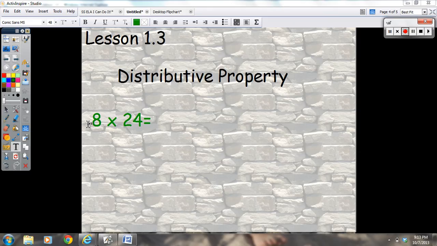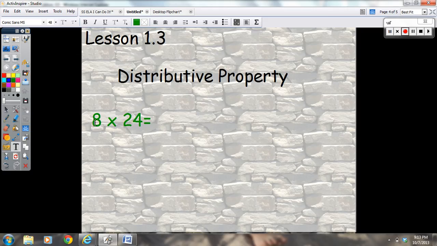We can use the distributive property to find out 8 times 24. What we would do to figure out 8 times 24 using the distributive property is take this 8 and multiply it by the value of each number in each place in the number 24.